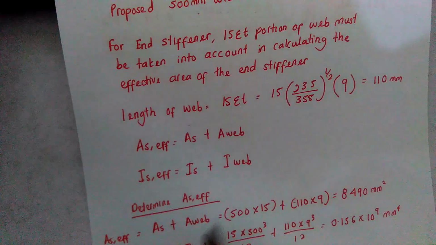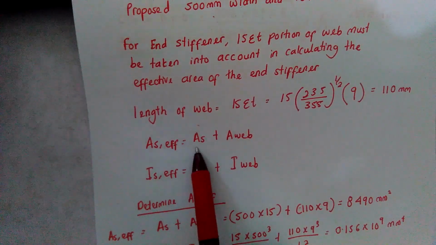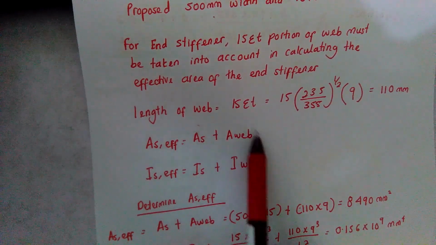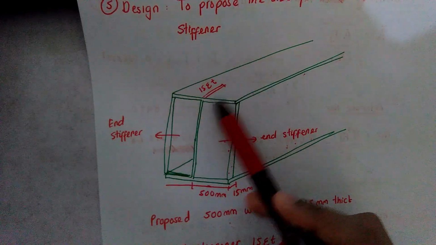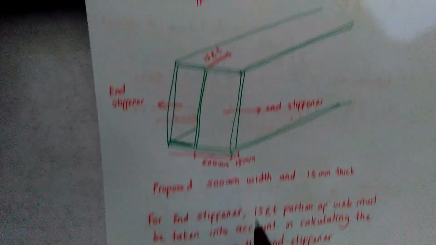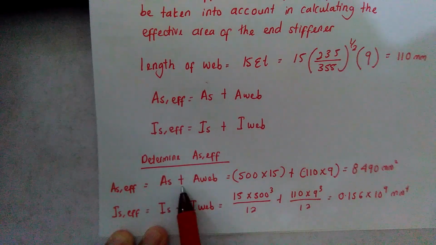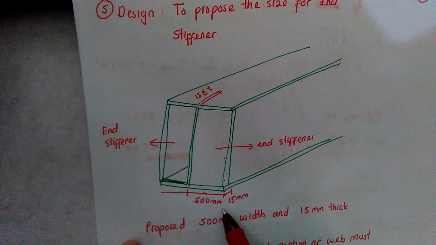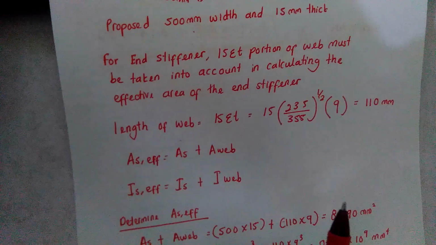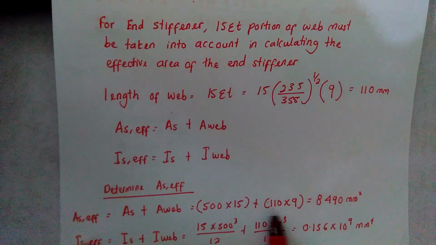Okay, so how we can determine As,eff, which is equivalent to the area of the stiffener plus the area of the web: in the end stiffener, we need to take into consideration an effective area or effective length of the web. So here you can see As,eff is equivalent to the area of the stiffener, 500 times 15, plus 110 times 9. So why 110?